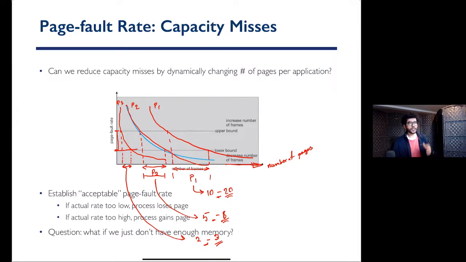So you start with something, you start giving your application some number of pages, and then you measure their page faults. So you see how many page faults they're experiencing. Let's say your range was between X and Y. If your application is getting less than X, this means that you probably have given this application too much memory.